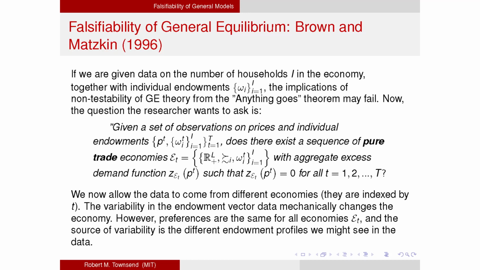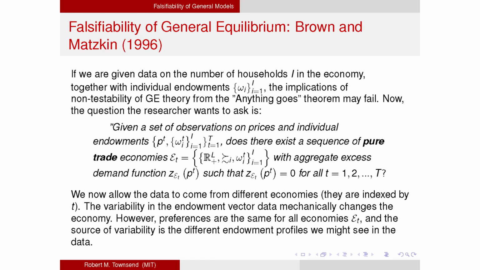So it's omega_it for the t-th economy observation. For any t, it varies over i. We have a finite number of households, but t is varying in the sample. That's the number of economies in the sample. Those economies are all alike for preferences, that's assumed, but they differ in the ownership structure, the omega_it.